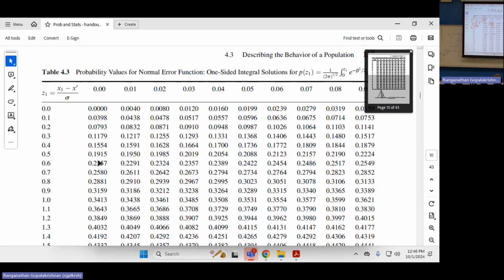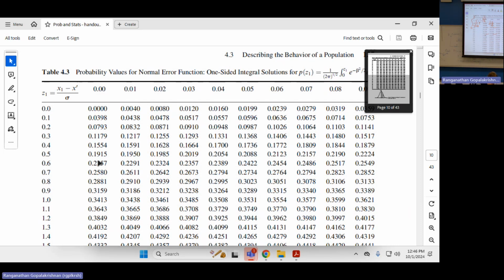You can easily do that substitution, let's say you write gamma equals minus beta, which will become 0 to 1 e power minus gamma squared over 2 d gamma divided by square root of 2 pi, which is in the form that this table is made for.